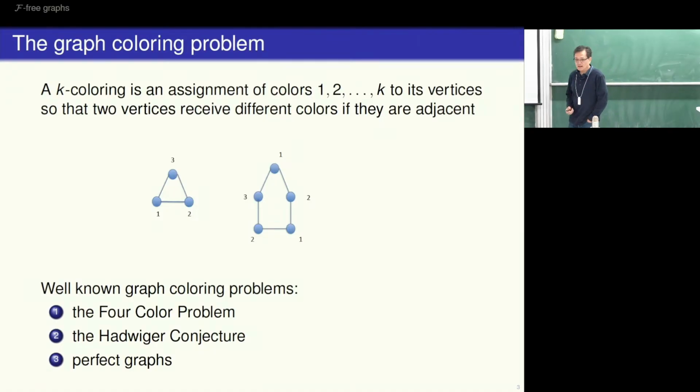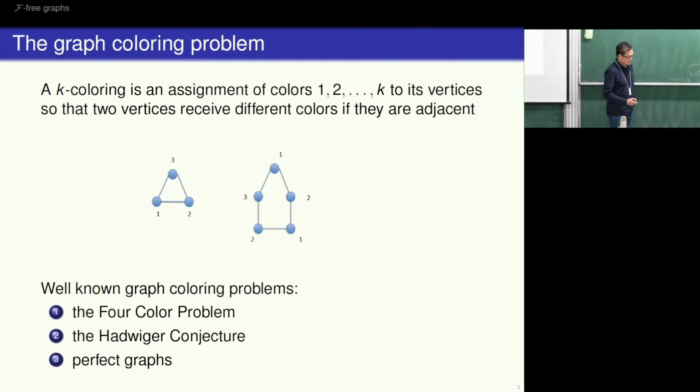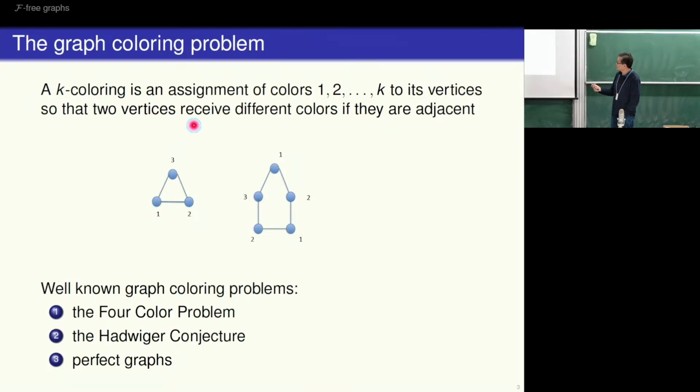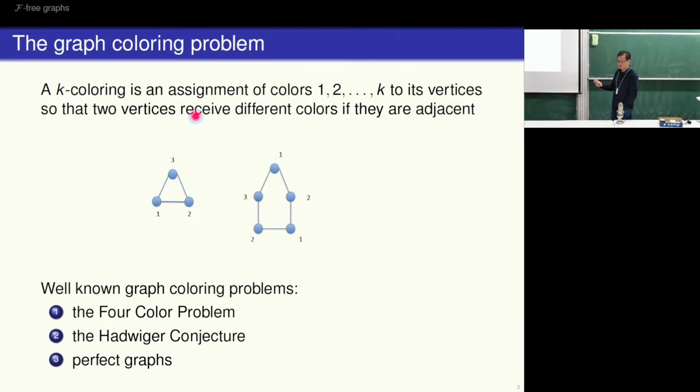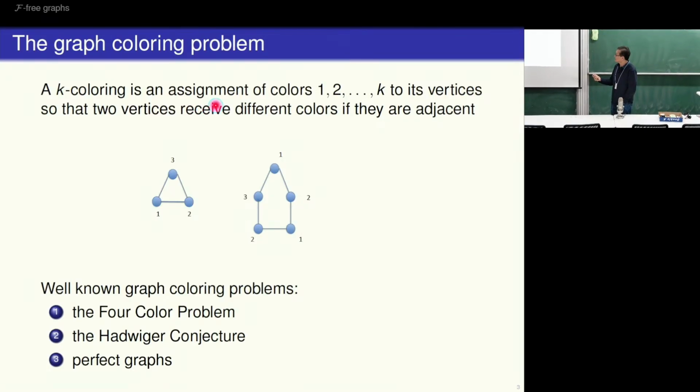For those who don't know, coloring is an assignment of integers, or colors, from 1 up to k to the vertices, so that any two vertices receive different colors if they are adjacent.